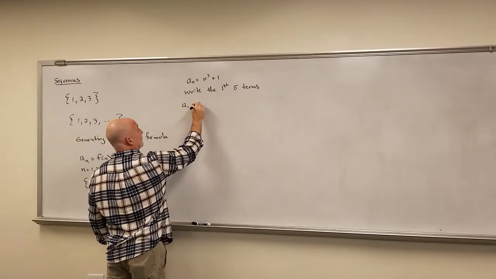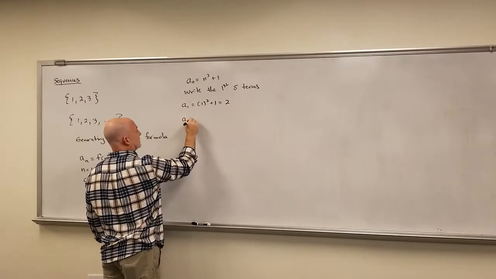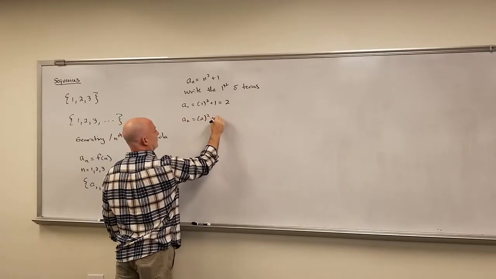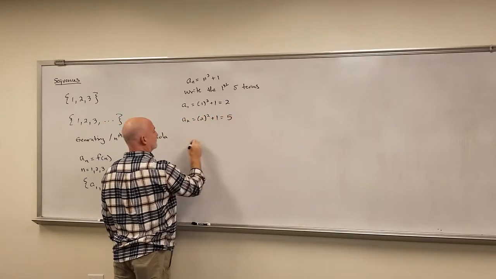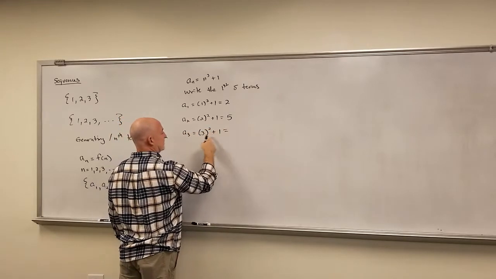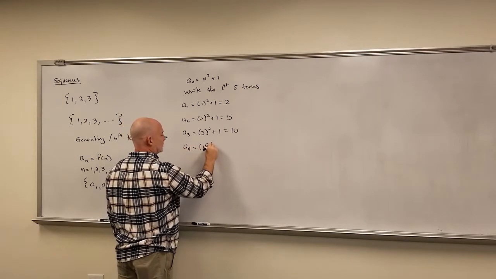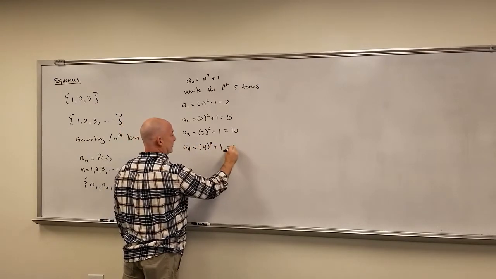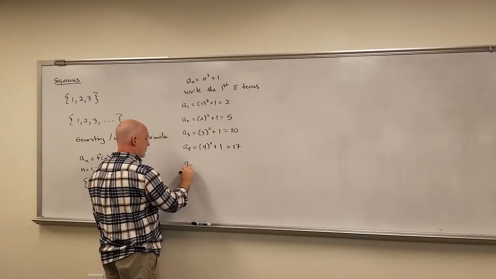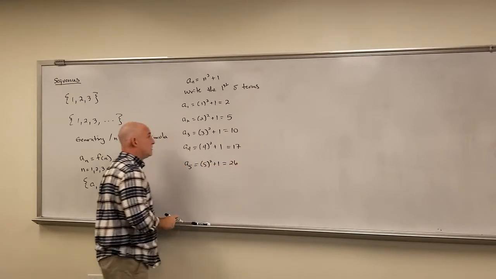So a sub 1 would be 1 squared plus 1, which would be 2. A sub 2 would be 2 squared plus 1, which would be 4, 5. A sub 3 would be 3 squared plus 1, which is 9, 10. A sub 4, 4 squared plus 1, 16 plus 1 is 17. Let's do one more to get to our 5th one, so that's 5 squared plus 1, which would be 26.